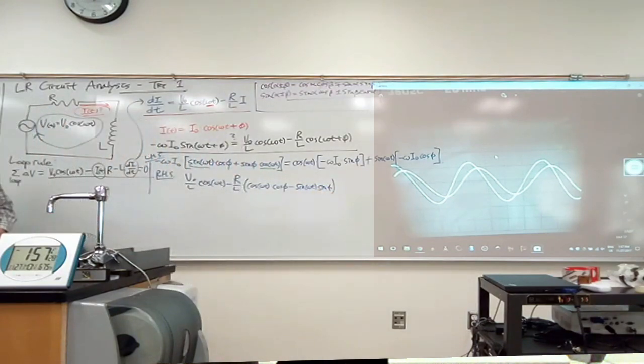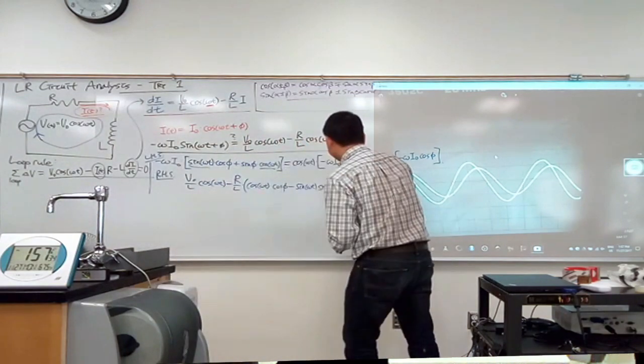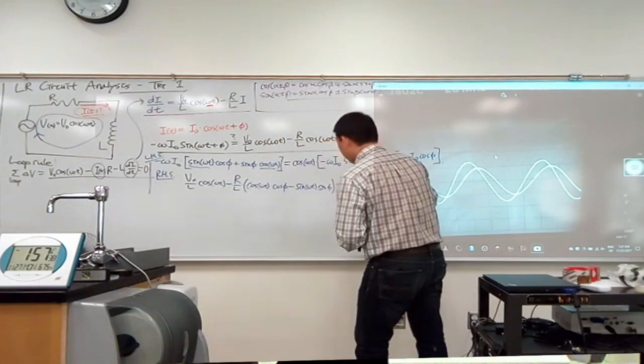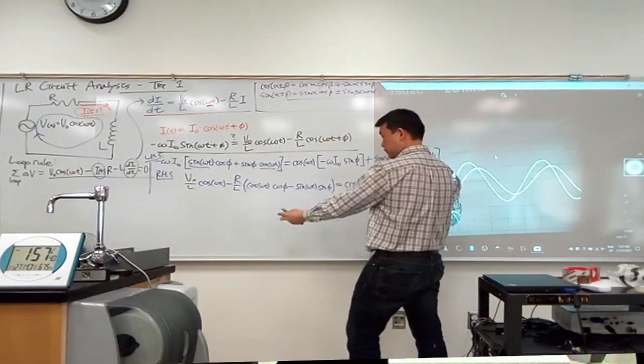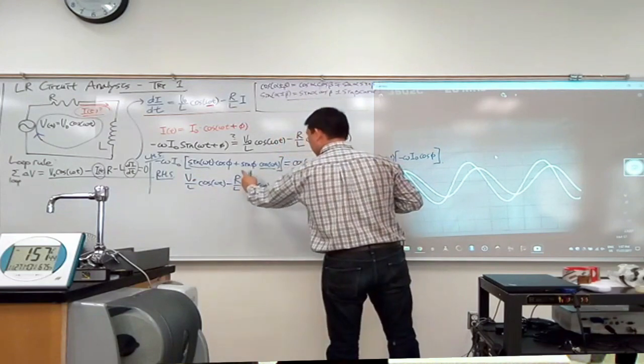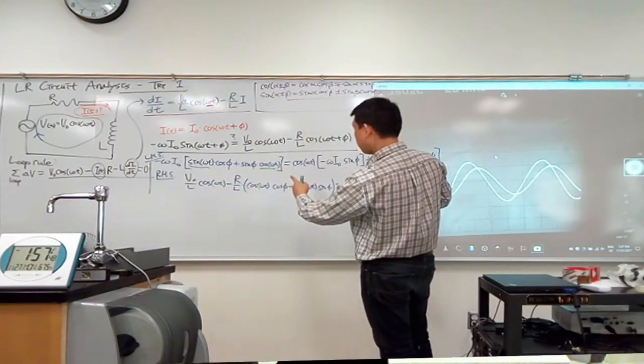All right, I have to collect like terms like we did before. So let me do it for the cosine omega t term first. I'll combine the like terms as I'm doing that. So cosine of omega t is equal to V naught over L minus, I feel like I missed something. Aha.